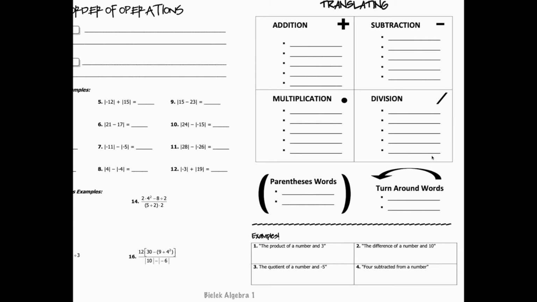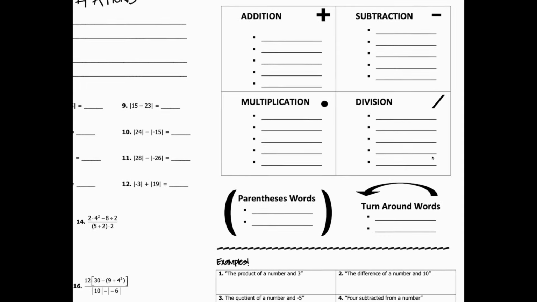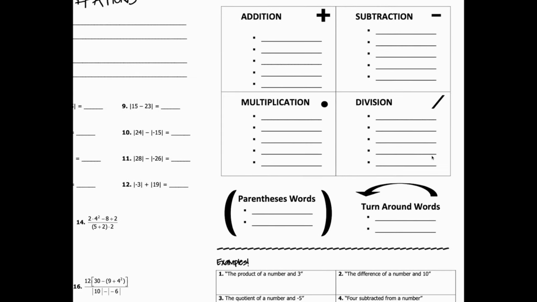So let's get going. We're going to start out with translating terms. Thinking about different terms that indicate addition and subtraction to start out. For addition, a common one is sum, increased by, plus, more than, and then total.